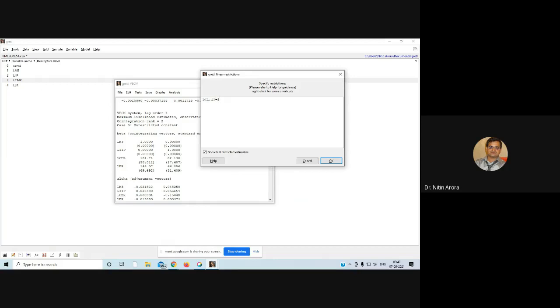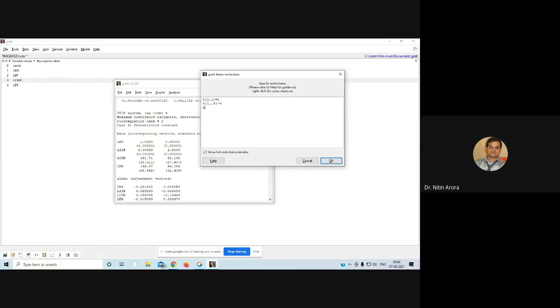This first restriction I want, because I want LM3 to be the dependent variable in the first equation. In the first co-integration vector, I want IIP and CMR to appear, so my exchange rate must be 0 in the first equation. So 1,4. In my first co-integration vector, the fourth coefficient must be 0.